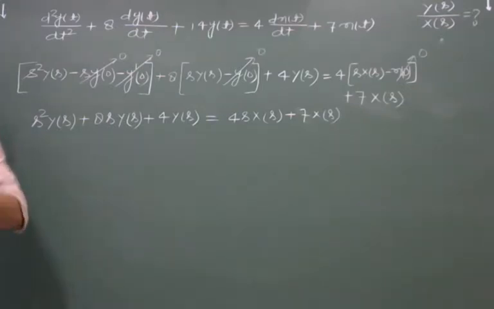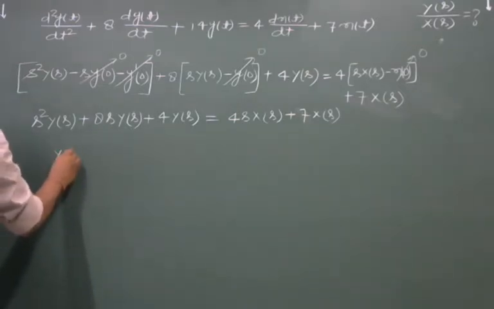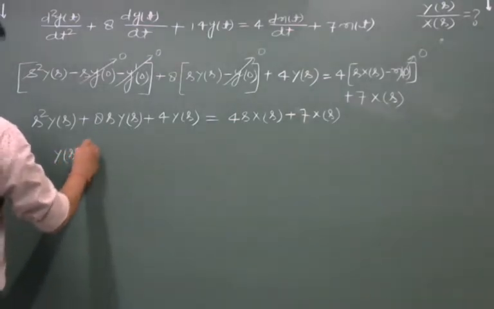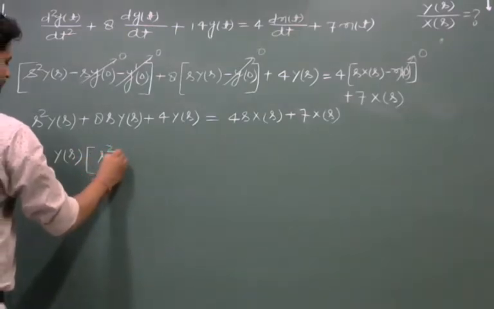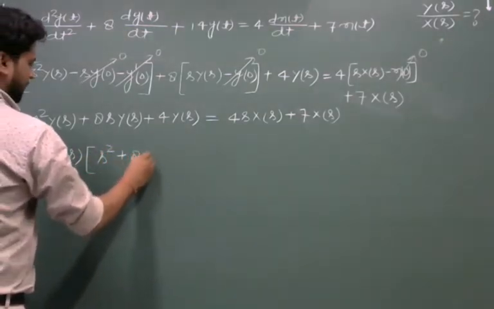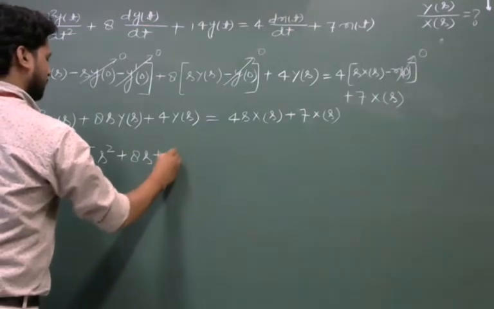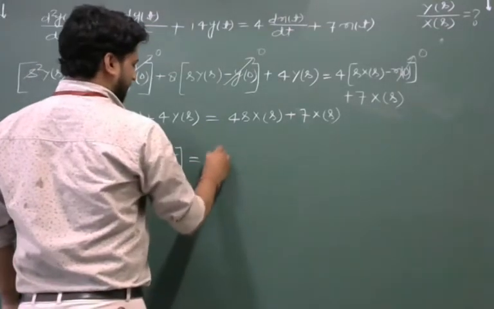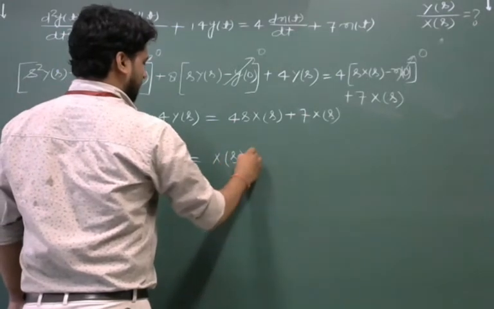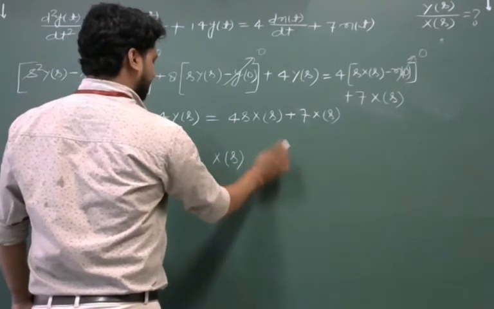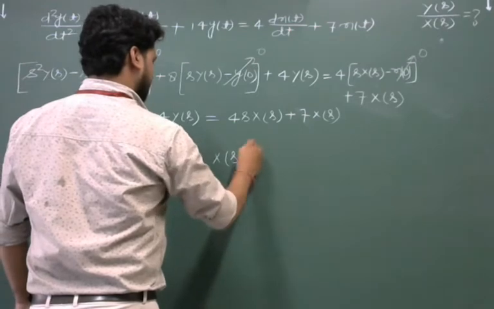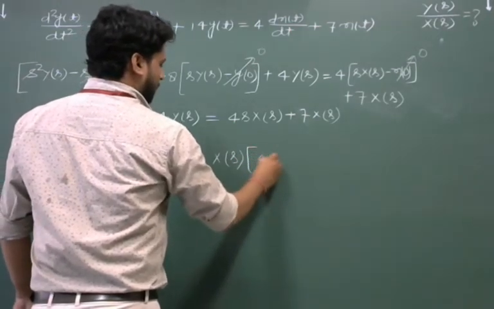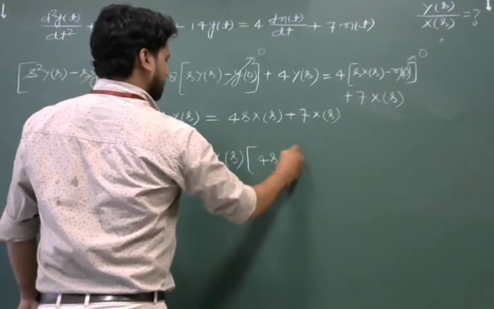For that purpose we will take Y(s) common on this side, and this will become (s² plus 8s plus 14) equal to, taking X(s) common, (4s plus 7).